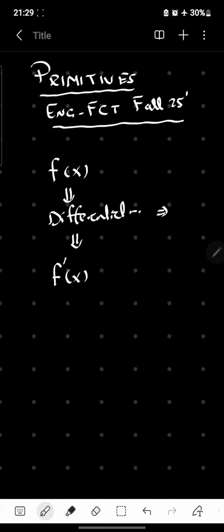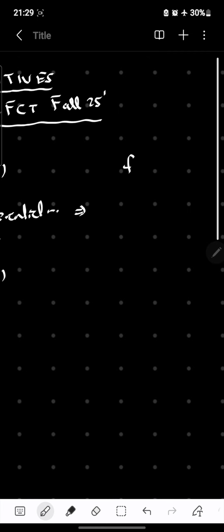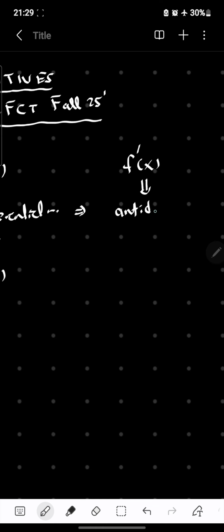Now here we have the reverse process. If we have f prime of x, and we do a process called antiderivative, you can say primitive or you can say integral, this gives us f of x.